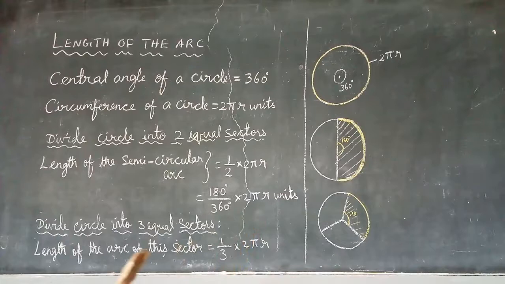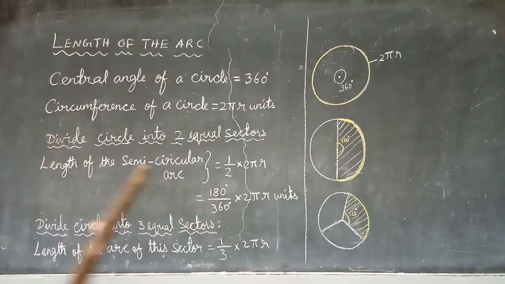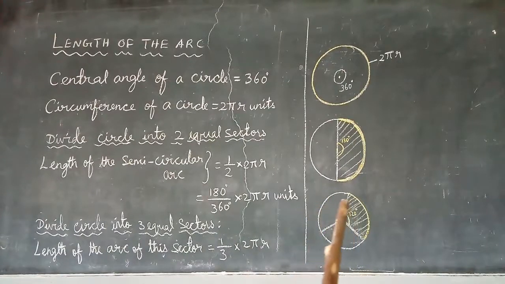Now I am going to divide the circle into 3 equal sectors. I have divided the circle into 3 equal sectors. From this point to this point, the length of this arc is 1/3 of the circumference.